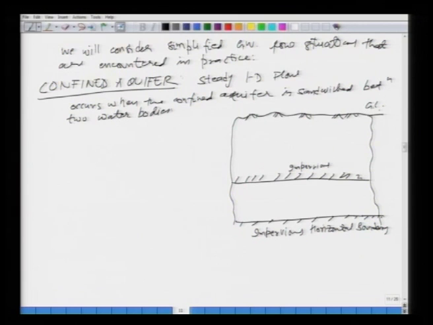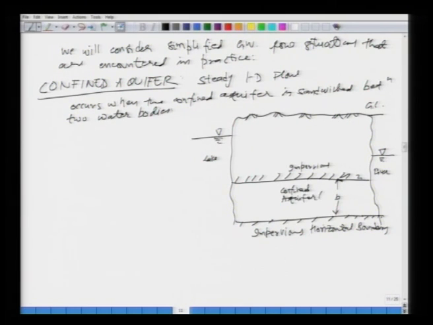And down here, let us say you have some water body where water is up to this, and upstream let us say you have another water body. So, this may be a lake, this may be a river or a small lake or anything. The thickness of this aquifer is let us say B. This is your confined aquifer.